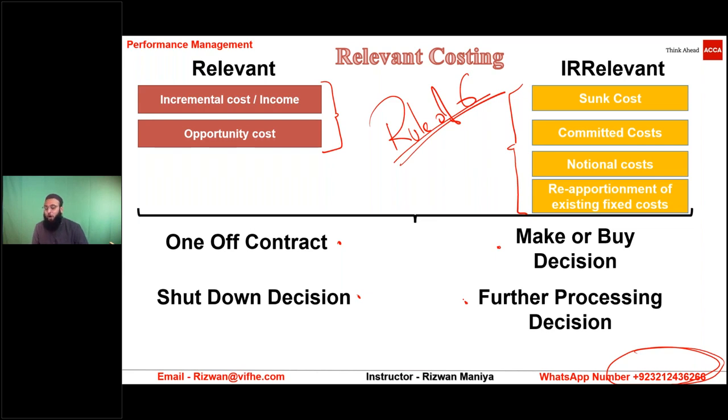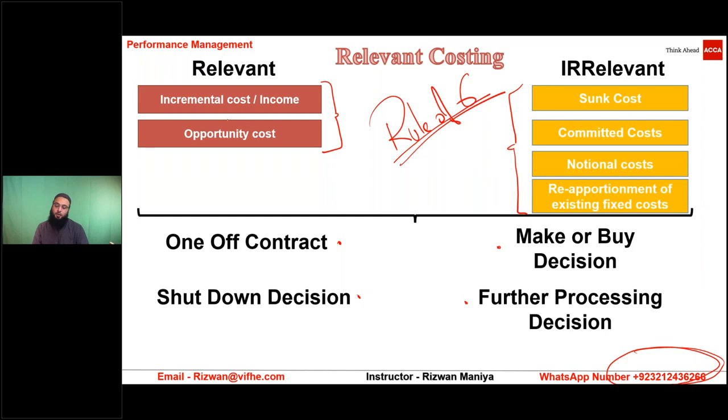Okay, opportunity cost, cost of second best alternative foregone. You have two options, this or this. You went for this one, so you left this one. The one you left, the one you sacrificed, the one you foregone is opportunity cost. That's opportunity cost, and that's relevant.